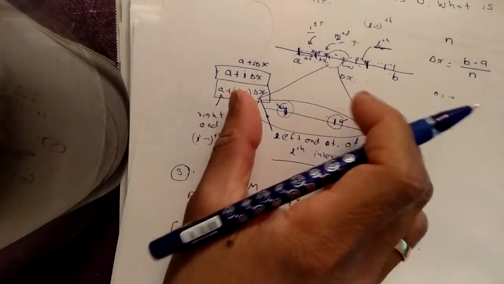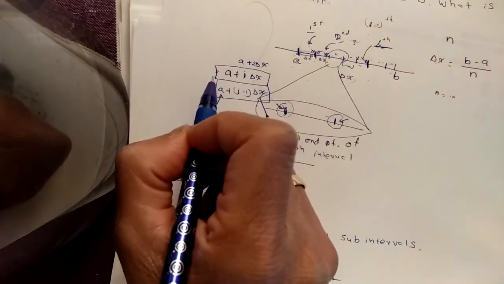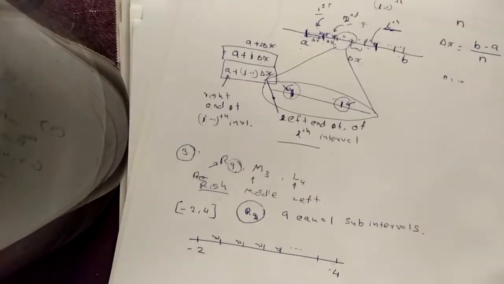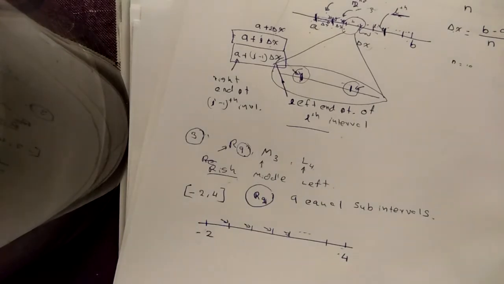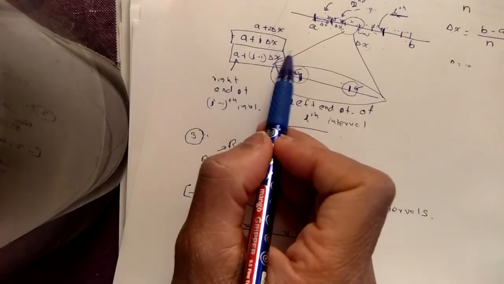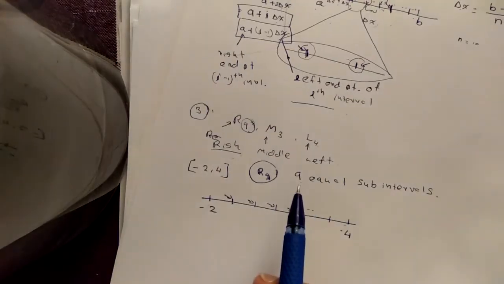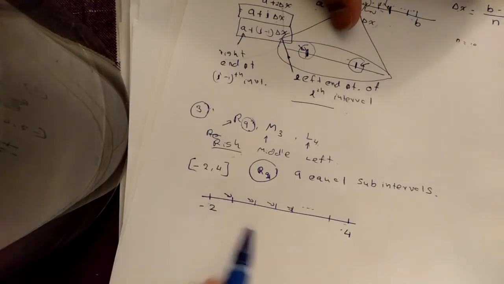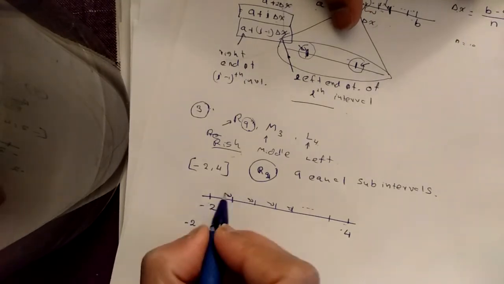In the previous example, we even calculated a general expression for the coordinate of the right endpoint of a subinterval, so we can directly use this formula. Or, if we would like to go from scratch, we can start from negative 2 and add this distance.